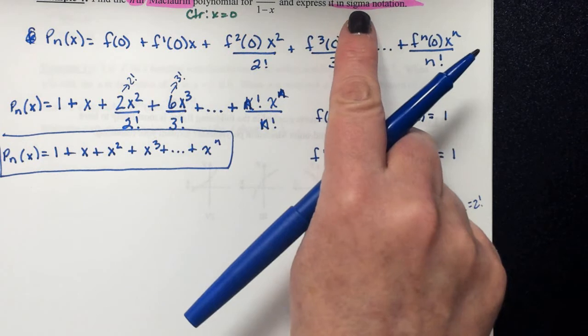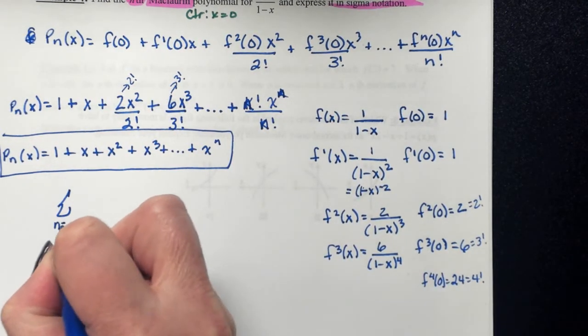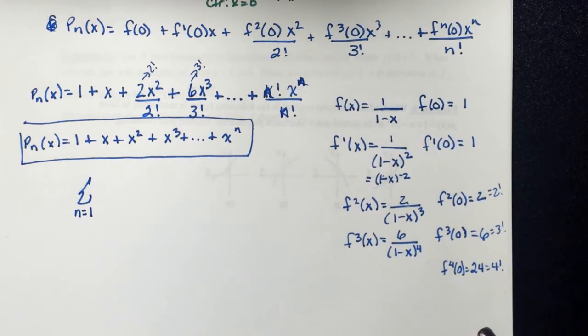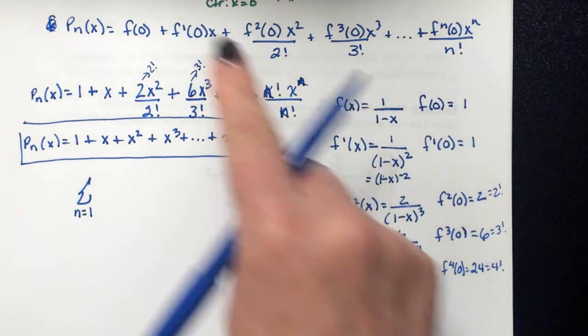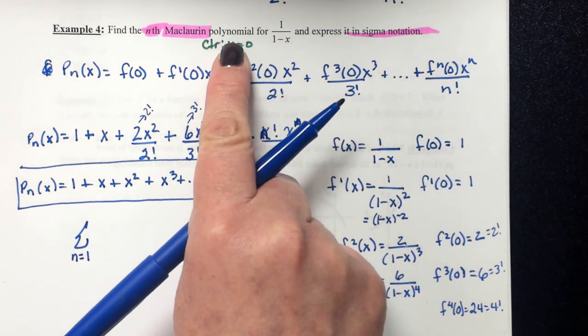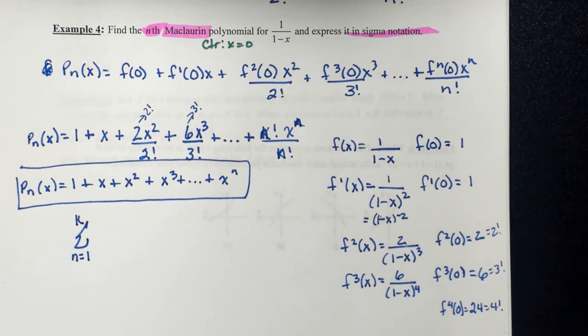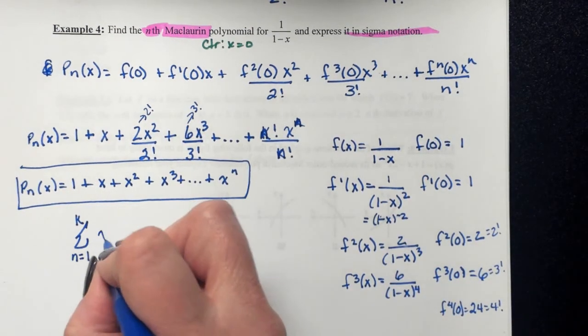So now to express this in sigma notation, again, I'm going to start with my lower index of n equal to 1. Remember, it is a polynomial, so it has a definite n. It's not going to be infinity on the top, but you want to make sure you use a different letter here. So I'll use a k, and that's just going to be x to the n.